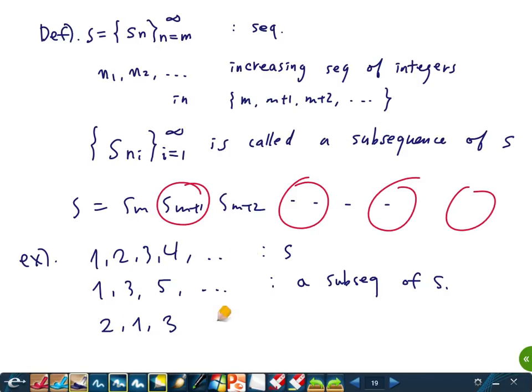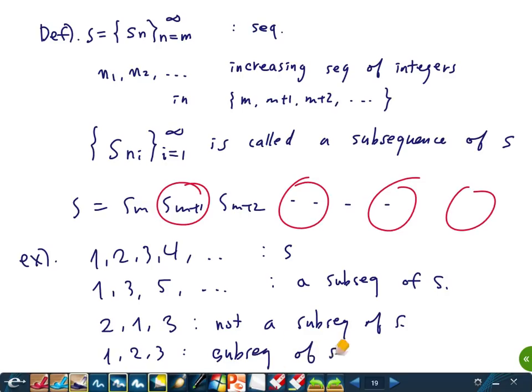So not a subsequence. A finite one can also be a subsequence. This is a subsequence of S. As long as they are taken from the original sequence in the same order, then it's a subsequence.